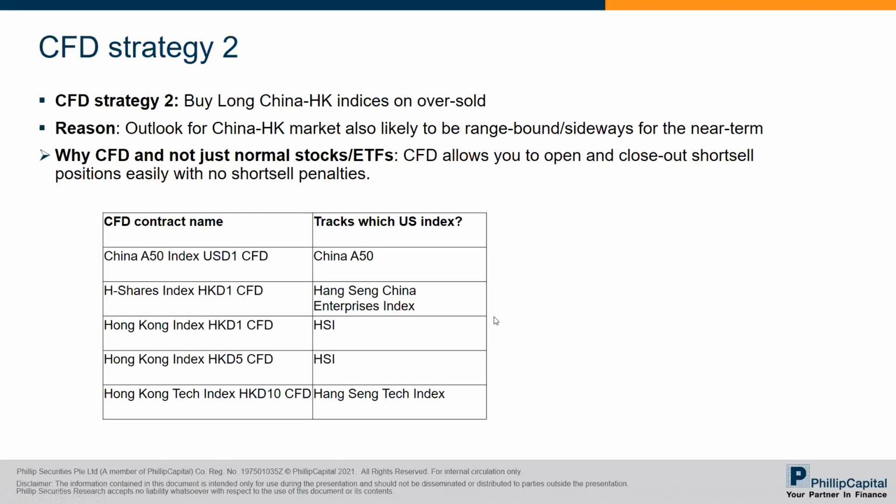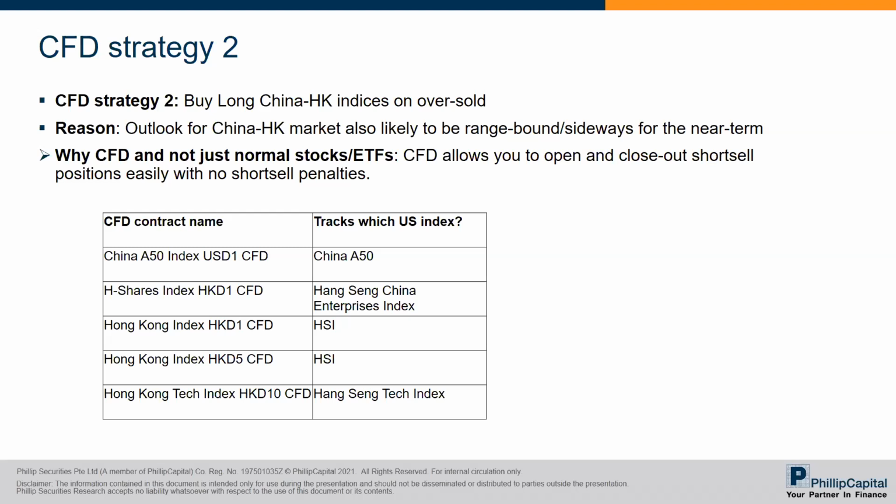So in view of these recent events, the strategy for China, Hong Kong will be similar to the one for US, which is to buy long in an oversold situation. Because again, we feel that development for the China, Hong Kong market is likely to be range bound for the near term.